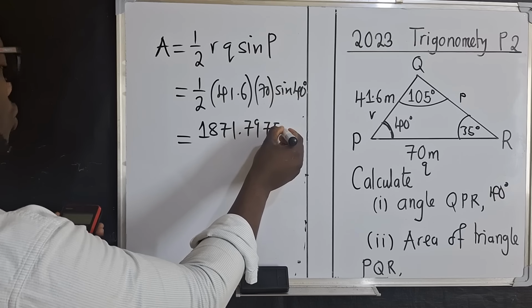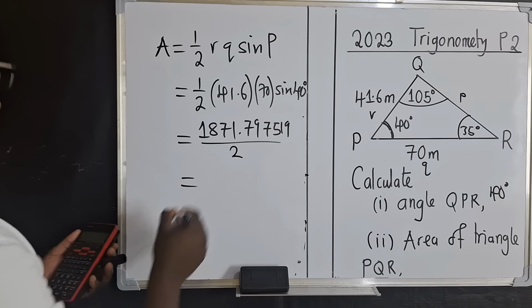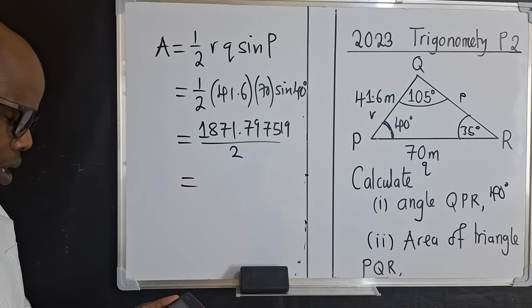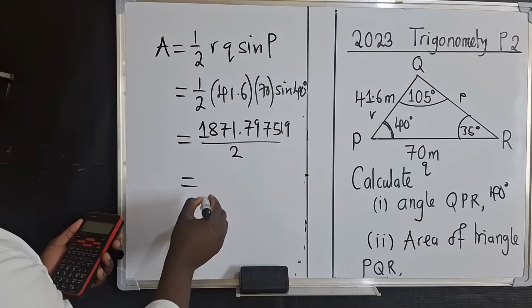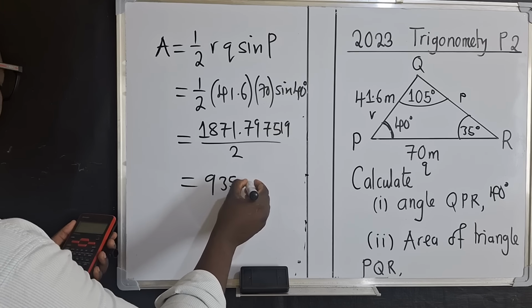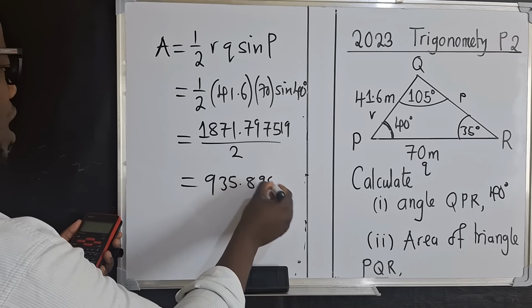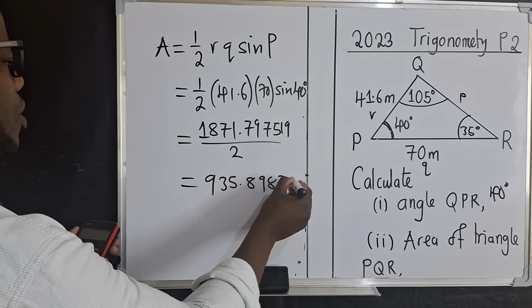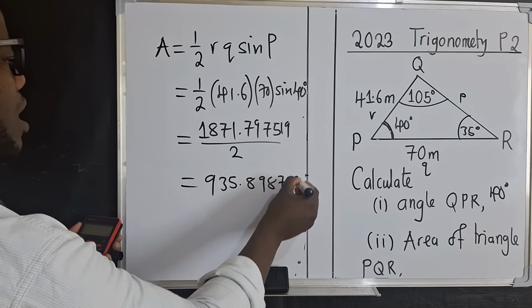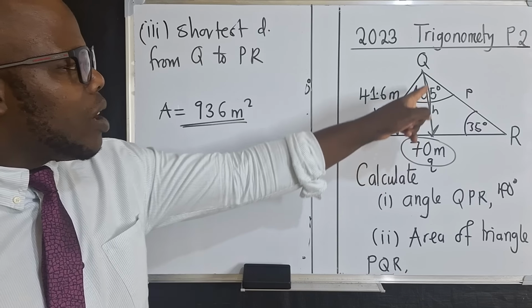I guess this is what you're also getting where you're watching this video from. And then we say over 2. So when we divide by 2 here, we're getting 935.898987597.